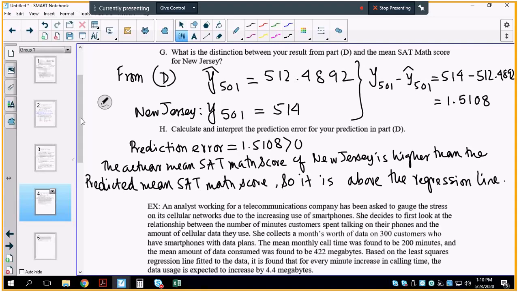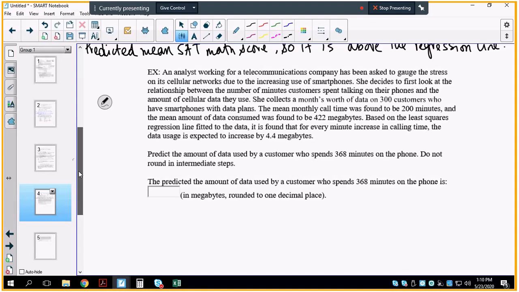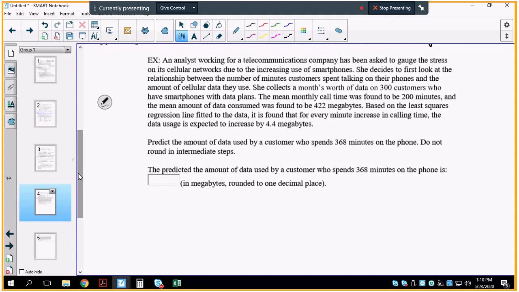But for the time being, let's focus on two other types of word problems. So let's read through this word problem one time. An analyst working for a telecommunication company has been asked to gauge the stress on its cellular networks due to the increasing use of smartphones. She decides to first look at the relationship between the number of minutes customers spend talking on their phones and the amount of cellular data they use.